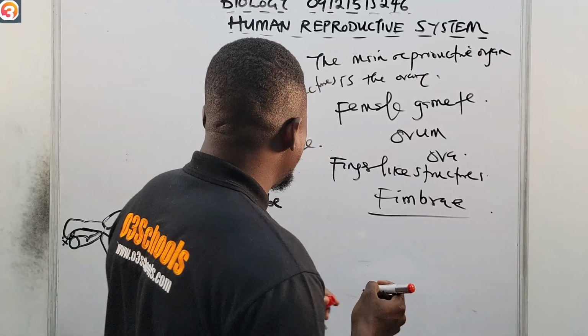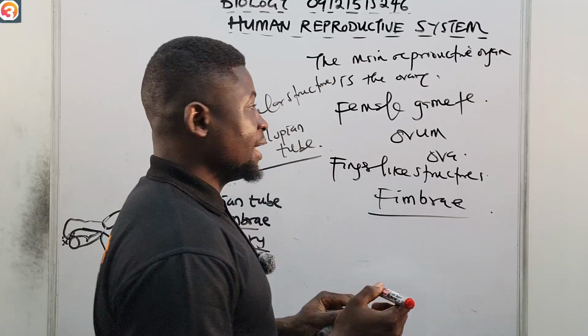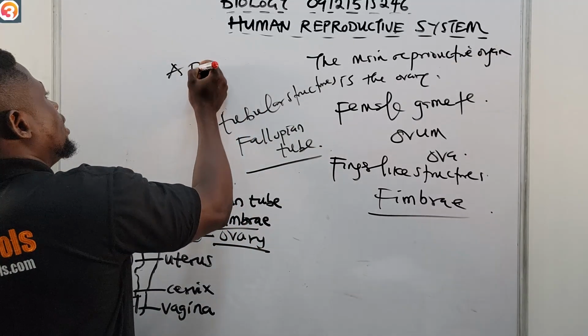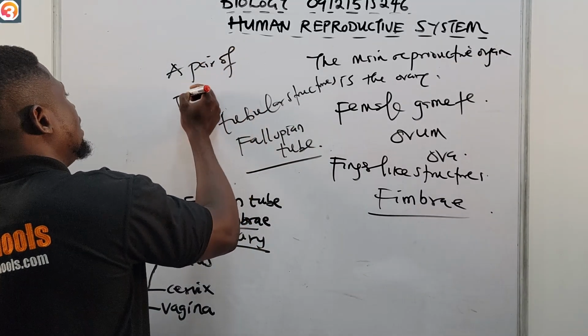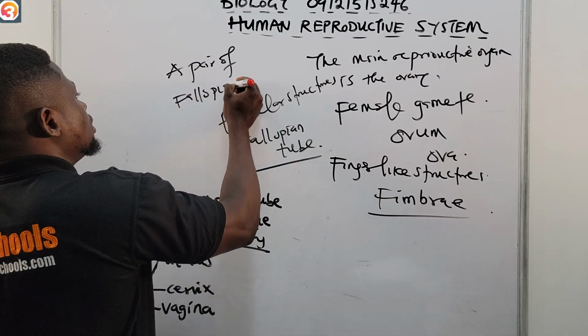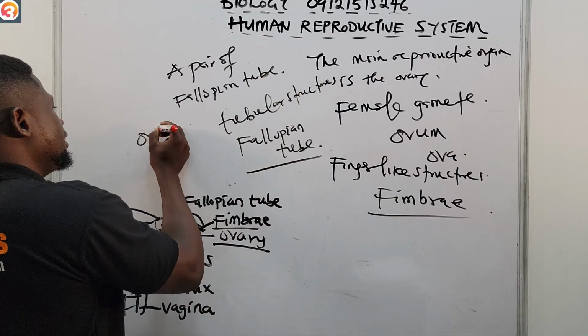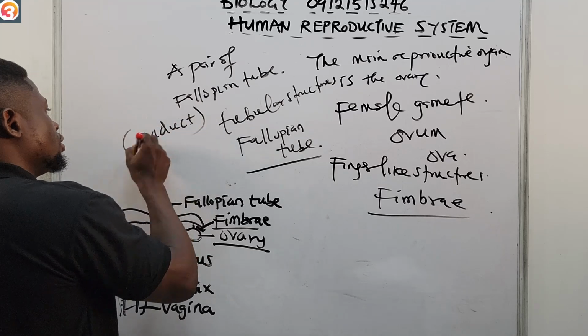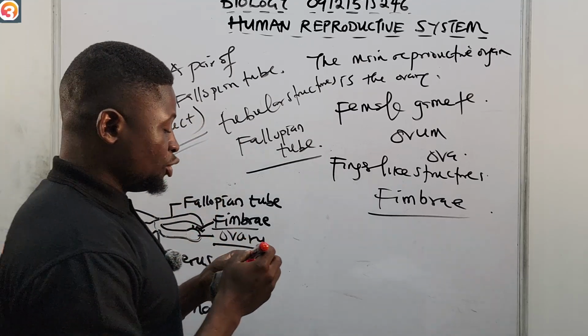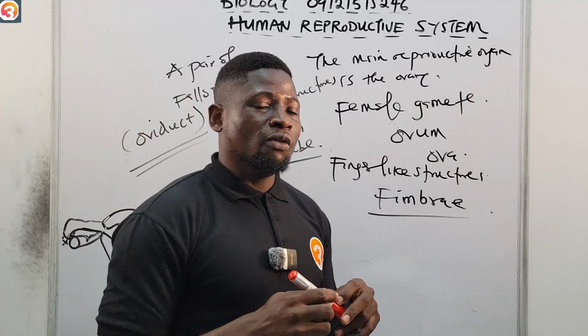Take note that we have a pair of fallopian tubes. And also remember that the fallopian tube is also called the oviduct.